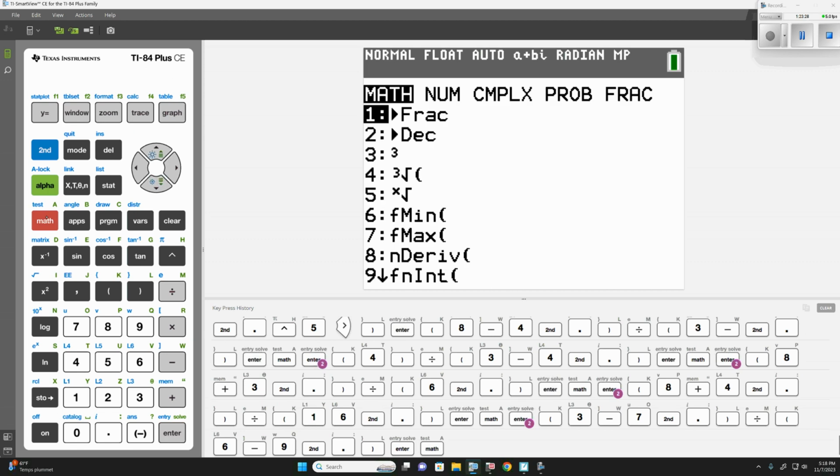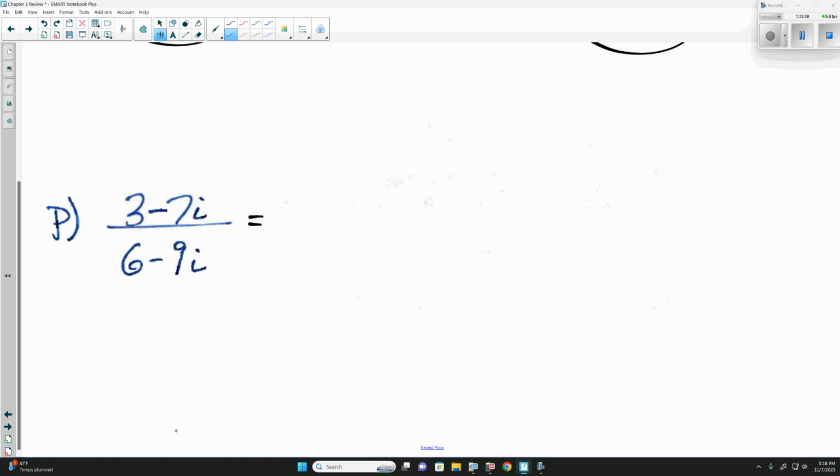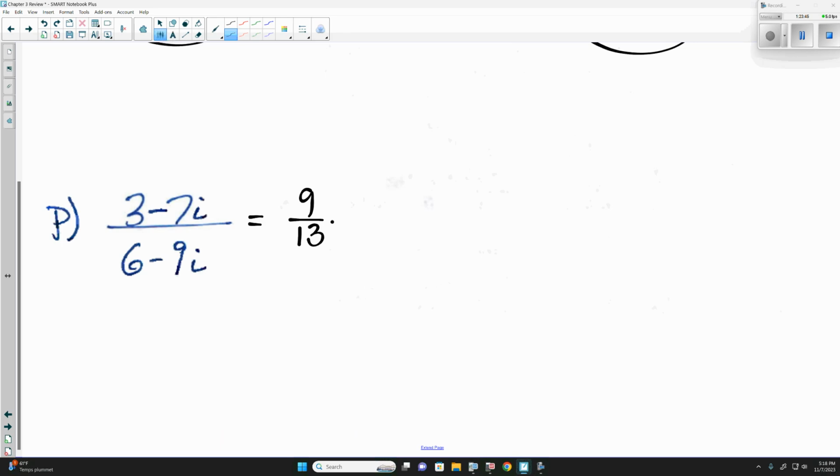These are ugly decimals, but if we go math, enter, enter, it does reduce it to fractional form. The denominators are different, and that is fine. We have 9/13 for the first fraction, minus 5/39 i. And that is our final answer for that one there.